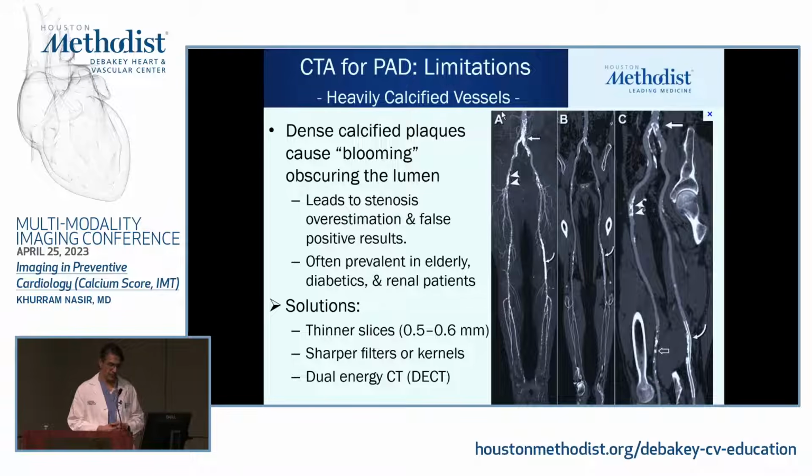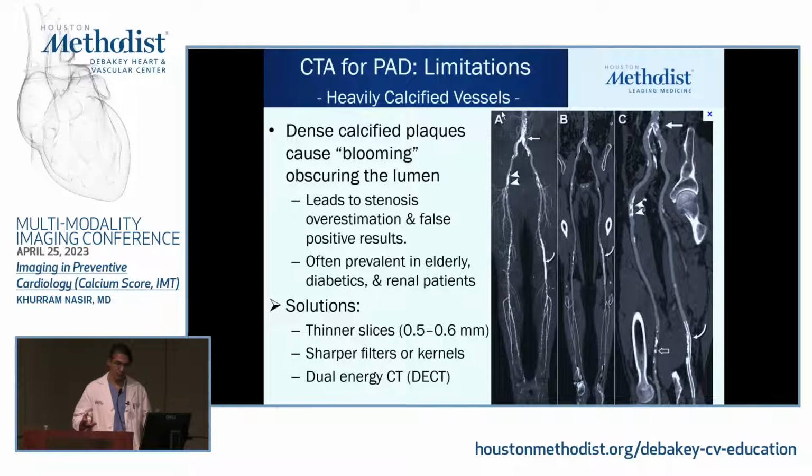He knows where the calcium is, and maybe it's important for his stents, being well anchored once they deploy them, and things like that. So it can be helpful in that regard. But when it comes to stenosis assessment, it's a serious nuisance, because the more calcium you have, the more blooming you can have. And this blooming leads to an overestimation of stenoses and therefore false positive results.